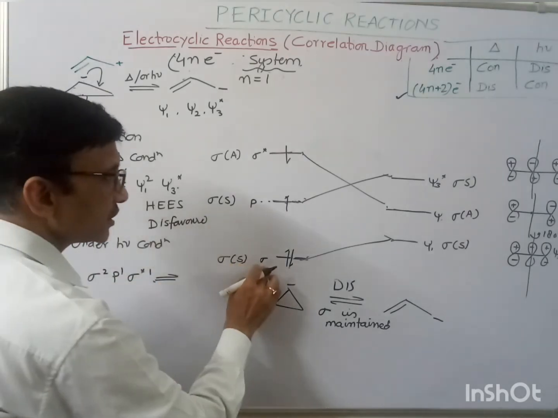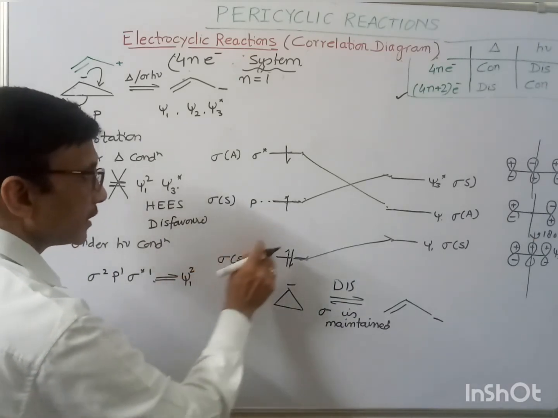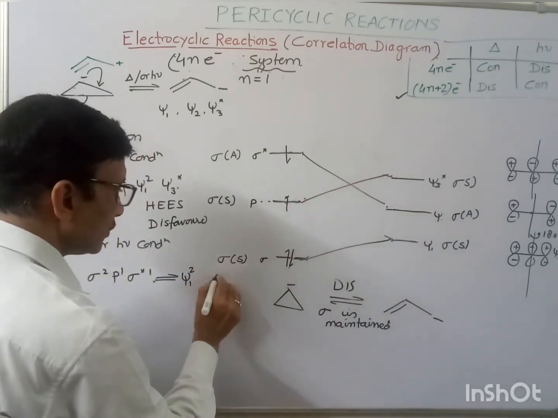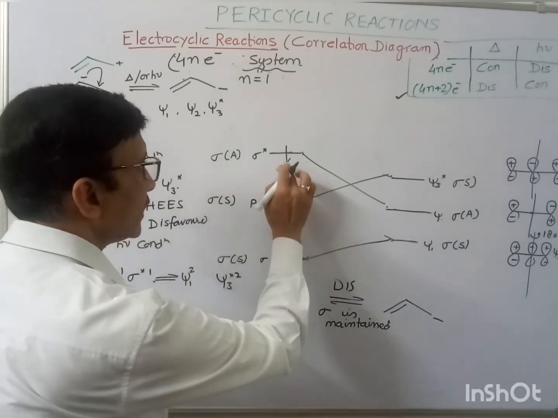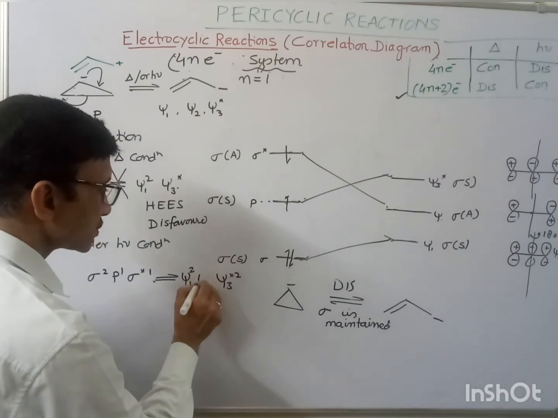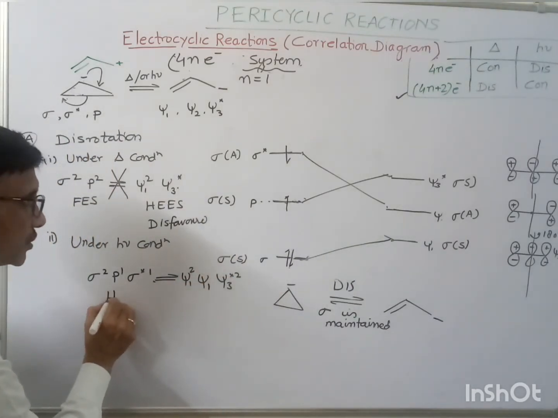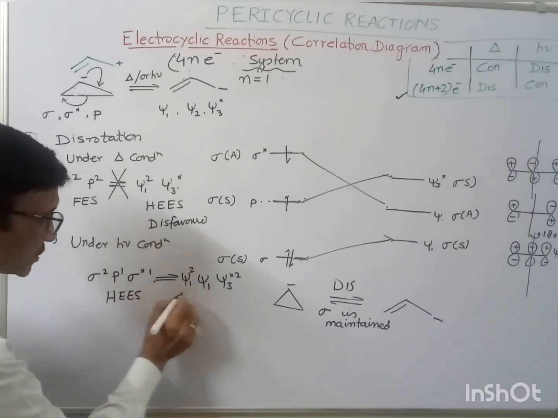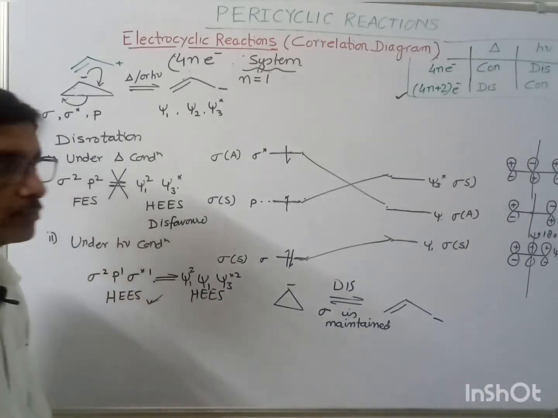Now sigma is going into psi 1, p is going into psi 3 star, and the sigma electron is going into psi 1. So this is our higher energy excited state, and this is higher energy excited state. So this is feasible, this would be favored.